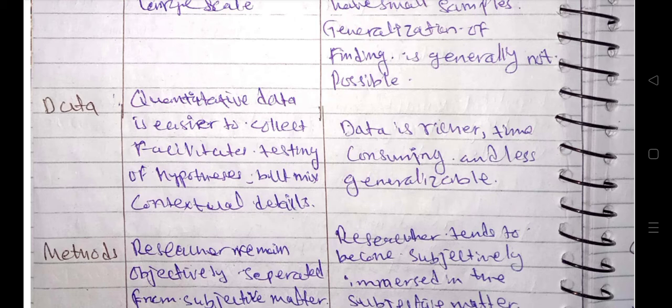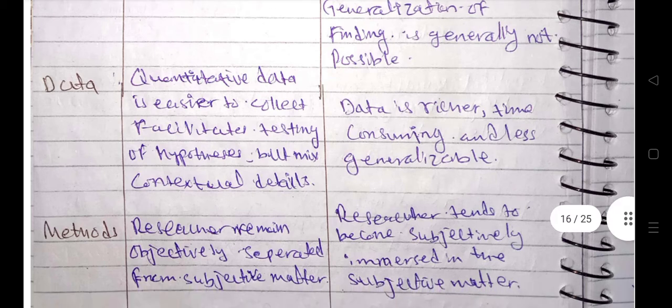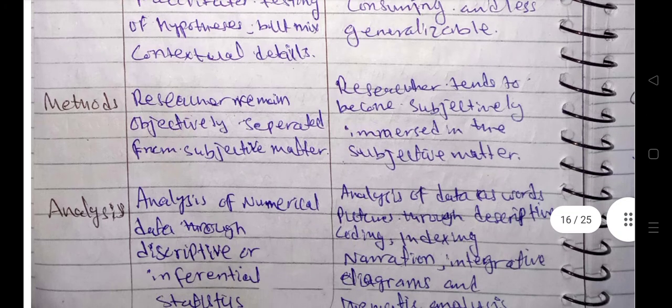Whereas in qualitative, the data is richer, time consuming and less generalizable. As far as the method is concerned, in quantitative, the researcher remains objective, right, objectively separated from subjective matters, whereas in qualitative, the researcher tends to become subjective.